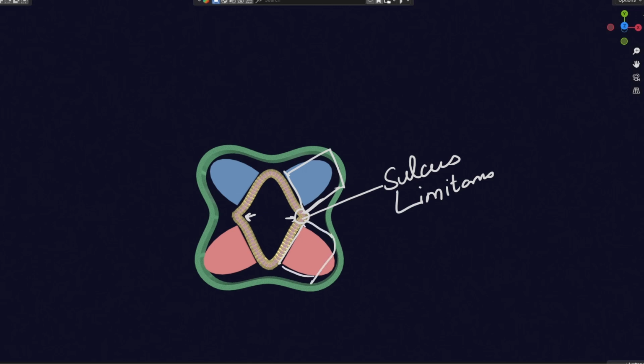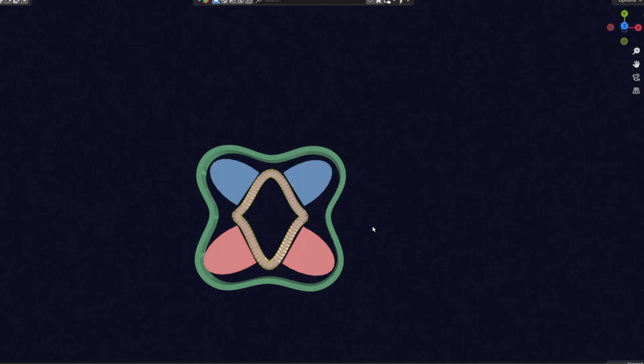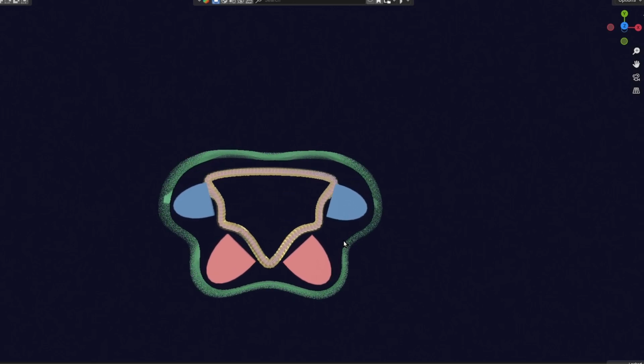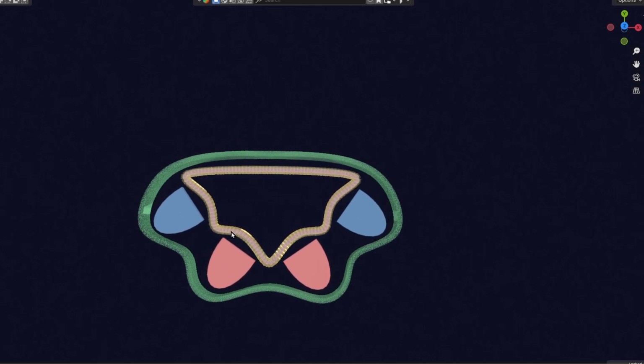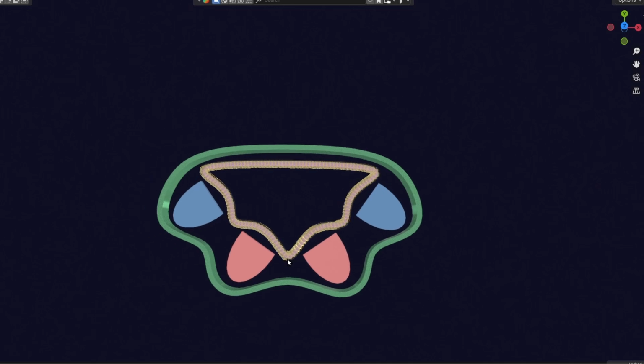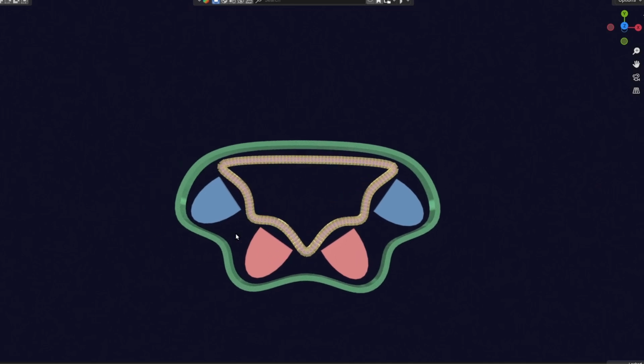So it demarcates the alar plate from the basal plate. Now the position of the sulcus limitans also changes. You see the animation again, here the position has changed, but still the function of the sulcus limitans remains the same: to separate the alar plate from the basal plate.